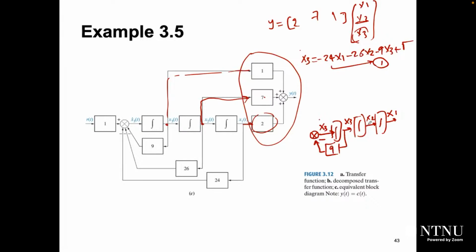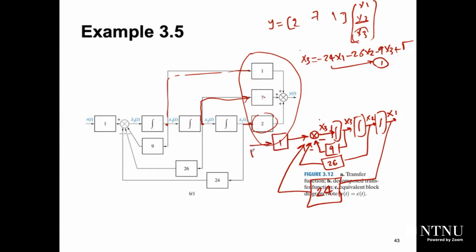Minus 26 x2, so it will be 26 times x2. Minus 24x1, so it will be something like minus 24. Plus r, so it will be 1 multiplied by input r. So it will be that part.